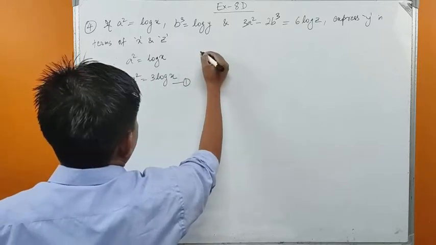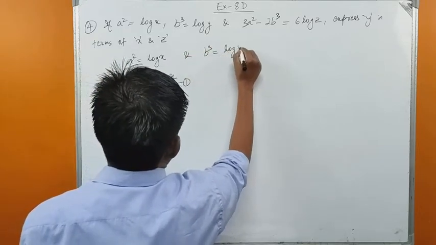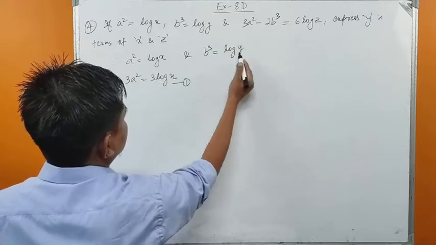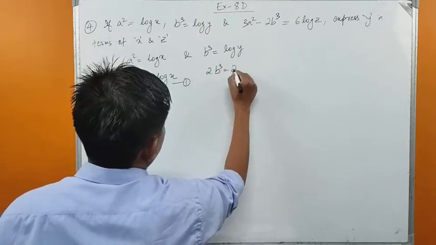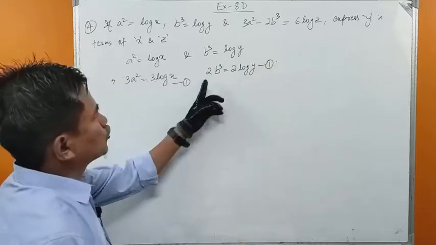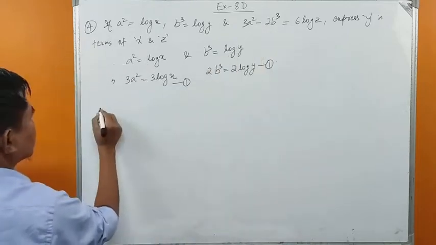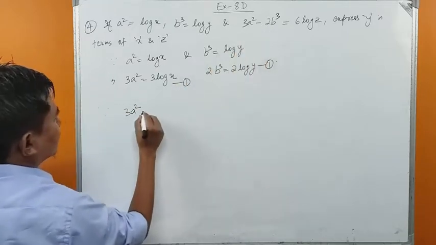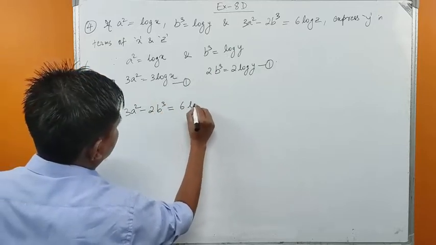Now we have another equation, b cubed equals log y, but we need 2b cubed. So multiplying both sides of this equation by 2, 2b cubed equals 2 log y. This is equation 2. Now let us use the equation 3a squared minus 2b cubed equals 6 log z.